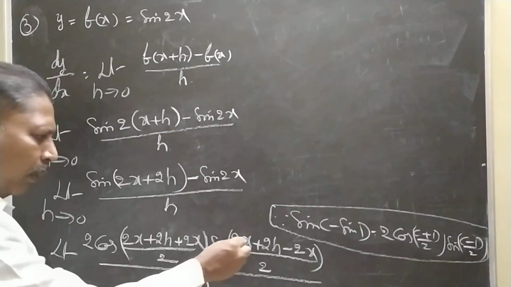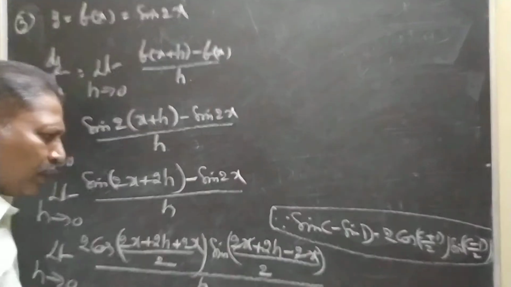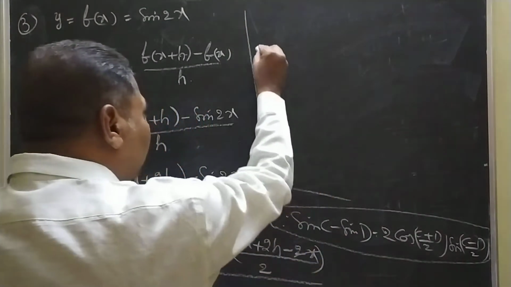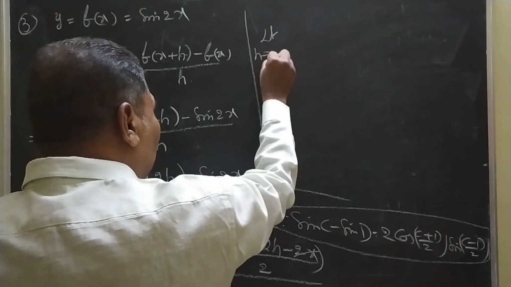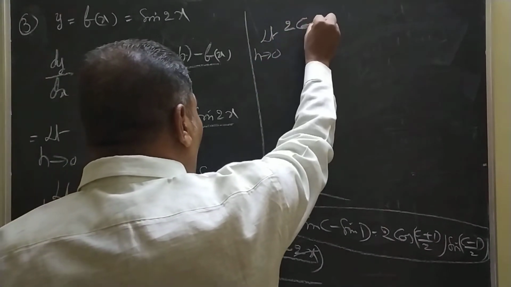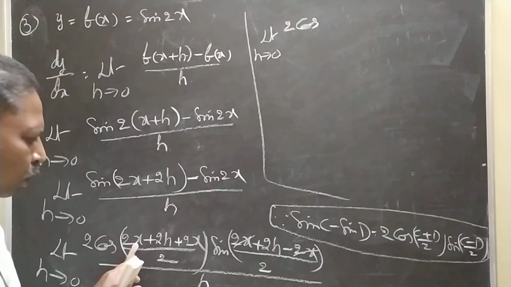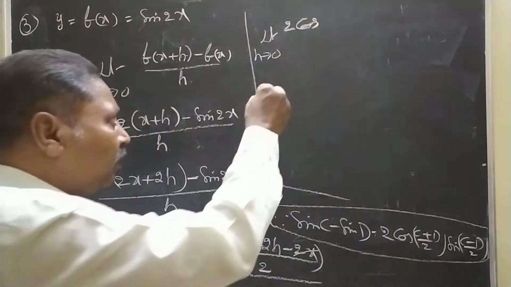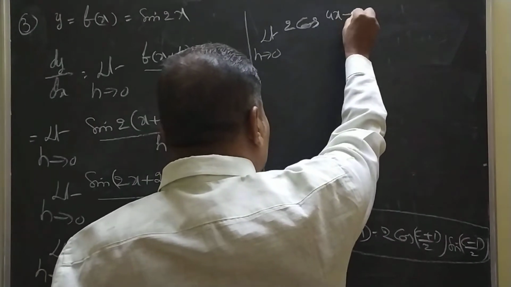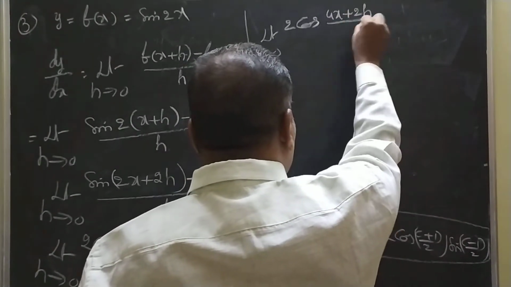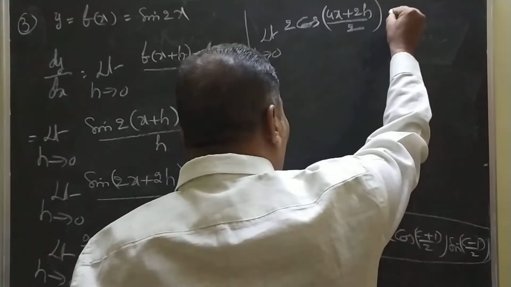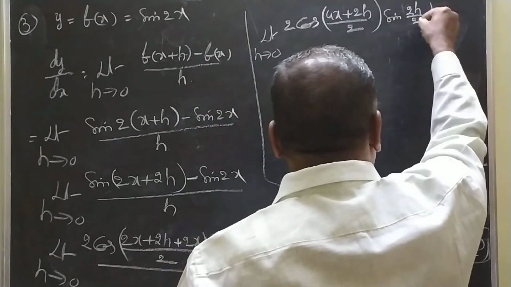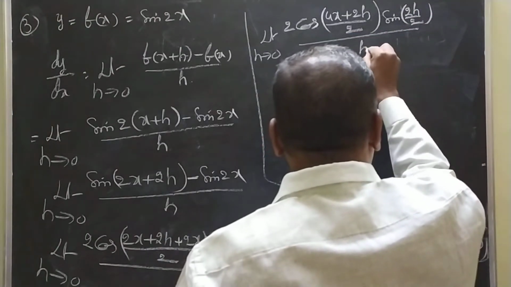Next, plus 2x minus 2x cancels. Limit h tends to 0, 2 cos of 2x plus 2x plus 2h, that is 4x plus 2h, by 2, into sin of 2h by 2, whole divided by h.